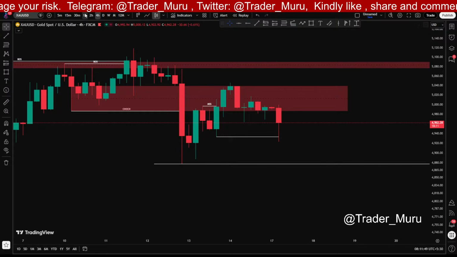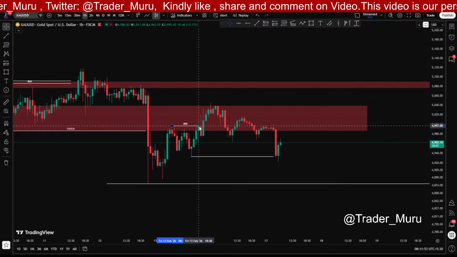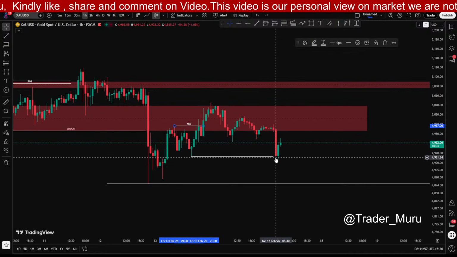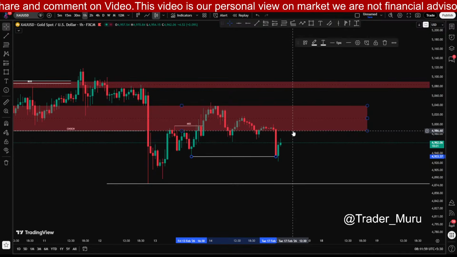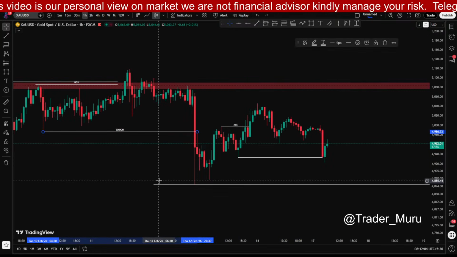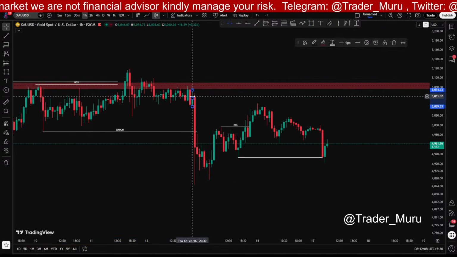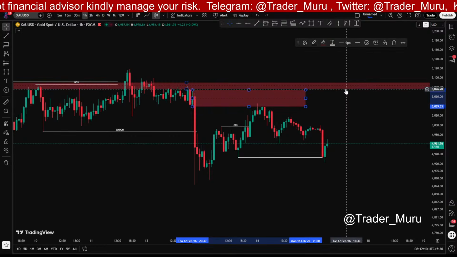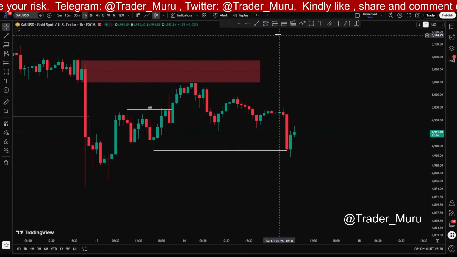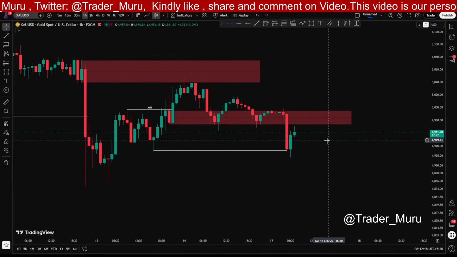Okay, now let's see this area in the 1-hour time frame. See the 1-hour market structure shift here, and then we have this liquidity. So right now the structure is this change of character in the 1-hour time frame, then the test of the supply area, the drop, and a break below this order block.